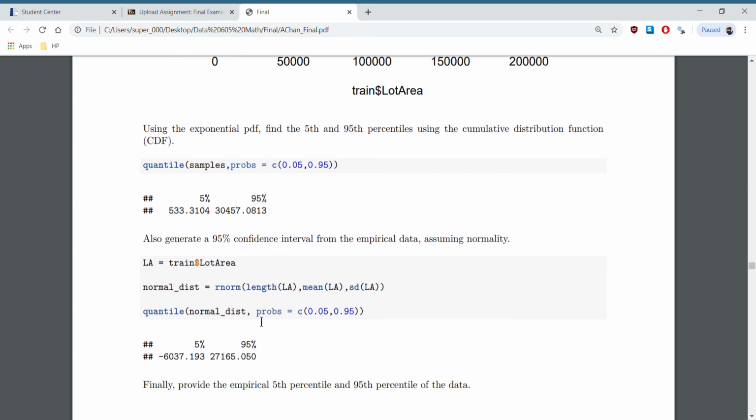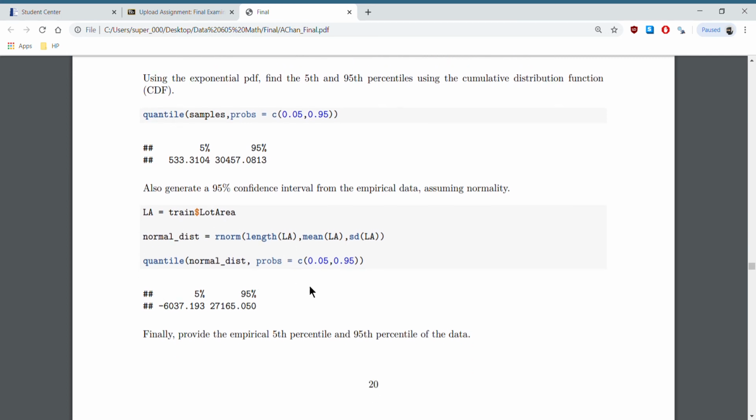So what I did is I simulated a normal distribution with the same parameters, just taking the mean and standard deviation of the lot area and simulating it for however many observations there are. And putting that into a confidence interval, I get negative 6,000 and 27,000, which doesn't really make sense because you can't have a lot area that's less than 0.